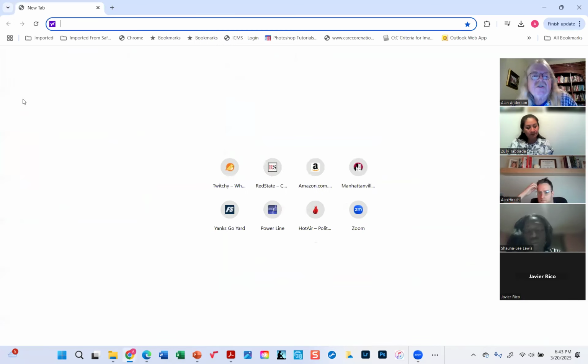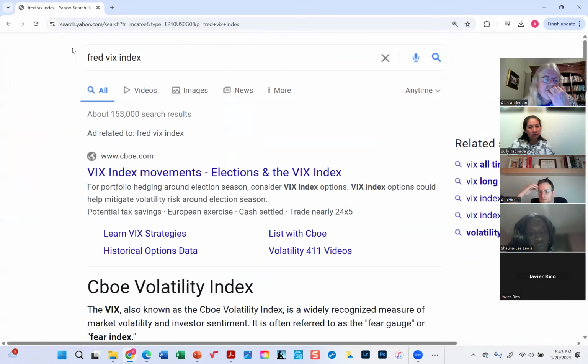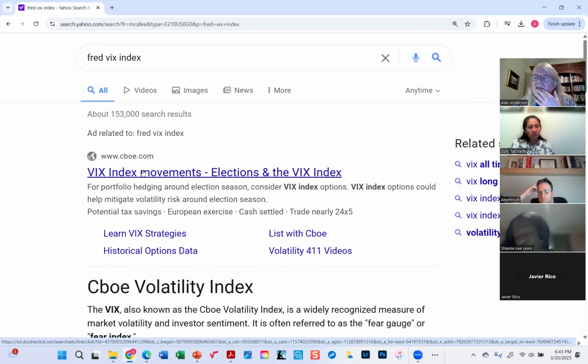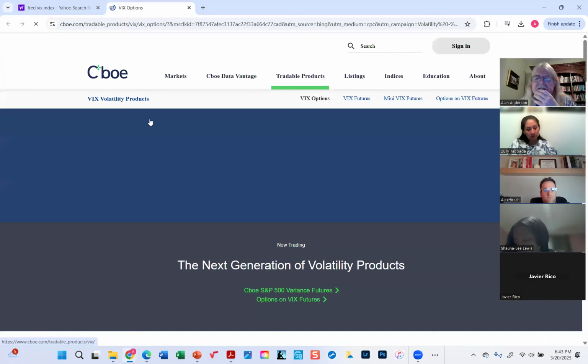But there's this one special type of asset you may not have ever heard about. It's called the VIX index, which stands for Volatility Index. And this is sponsored by the Chicago Board Options Exchange. And it's only been around since the late 90s.